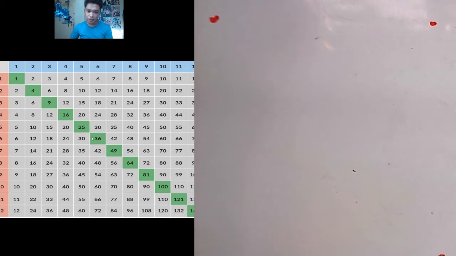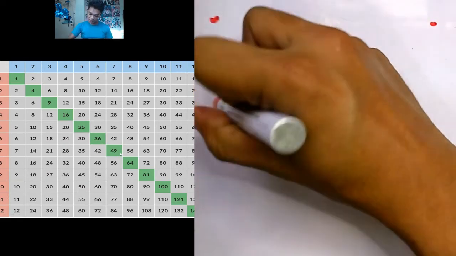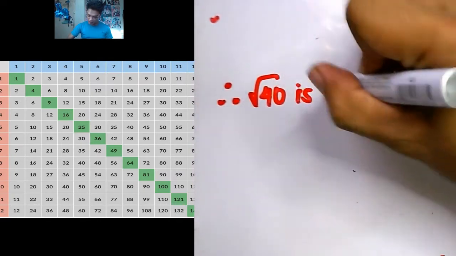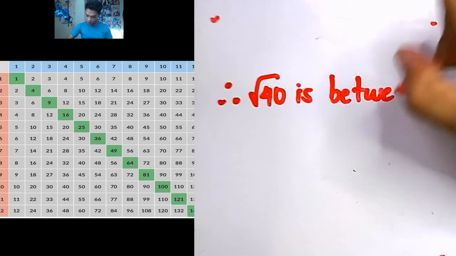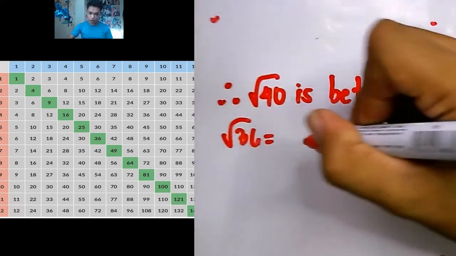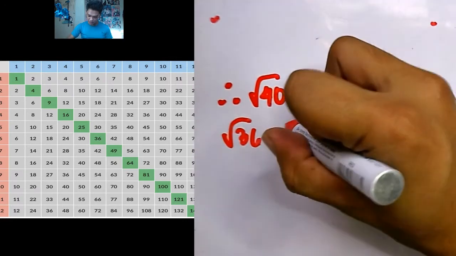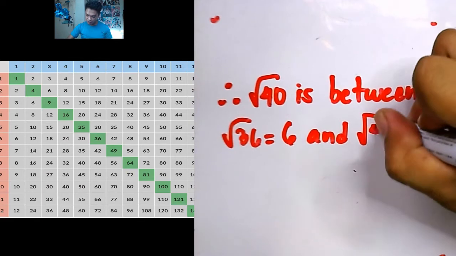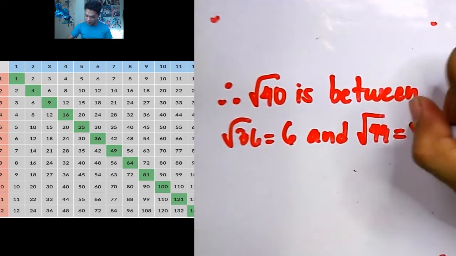Looking at the green colored boxes, we have 40 here between 36 and 49. So we could say that the square root of 40 is between the square root of 36, and the square root of 36 is 6 times 6, so we have 6 here, and the square root of 49, and the square root of 49 is 7 times 7.